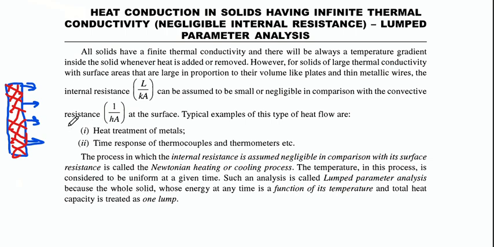So the heat would transfer from this left part to the right part due to the temperature gradient. There will be a large temperature at this point because I am adding heat here, and there will be ambient temperature at this other part. So that's a large temperature gradient. That's the normal way in which heat transfer occurs. There should be a difference in temperature to have a heat transfer.